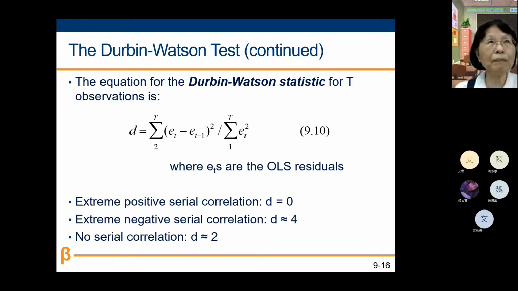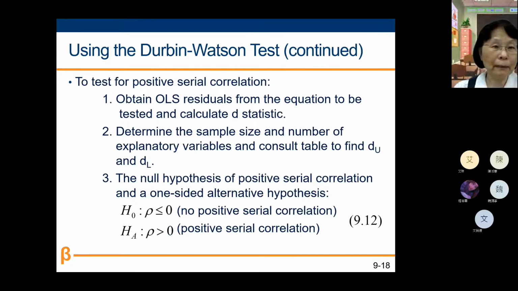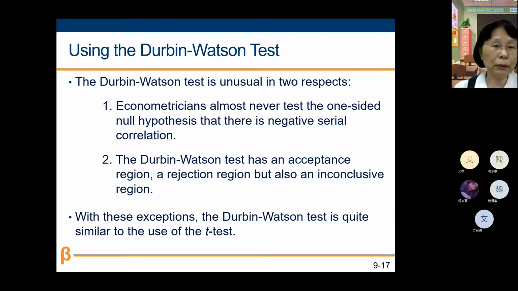Although we still have formal hypothesis testing, and we do have critical values or p-values to conclude whether serial correlation exists or not. All right, so after you have the Durbin-Watson statistic, let me explain a little bit about the Durbin-Watson test.